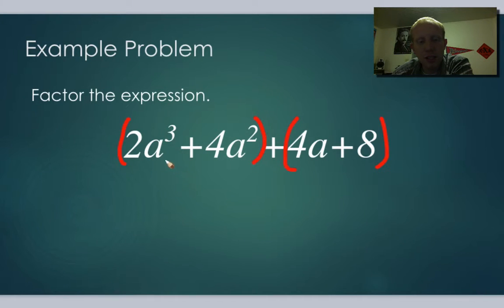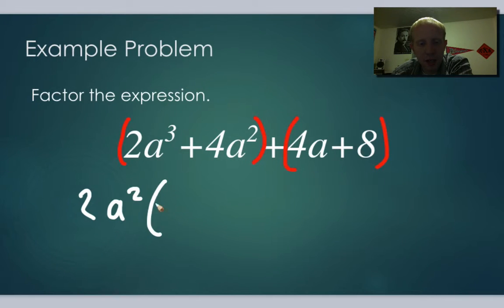Let's think about this group, 2a cubed plus 4a squared. If you think back to our last lesson, we talked about how you could use the common factor method to pull a common factor out. If you look at this, you'll realize that a common factor for both these terms is 2a squared. 2a cubed can be written in terms of 2a squared, and so can 4a squared.